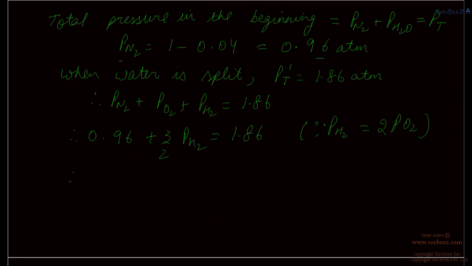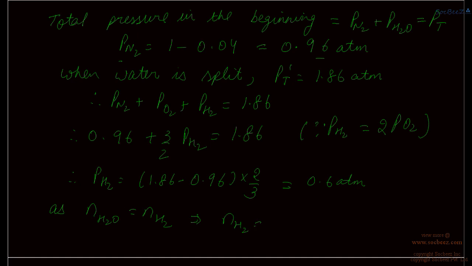Now, therefore, pressure exerted by H2 equals 1.86 minus 0.96 into 2 by 3 gives us 0.6 atmospheres. Okay, and as number of moles of H2O equals number of moles of H2, because 1 mole of H2O gives us 1 mole of H2, hence number of moles of H2 equals PV upon RT.